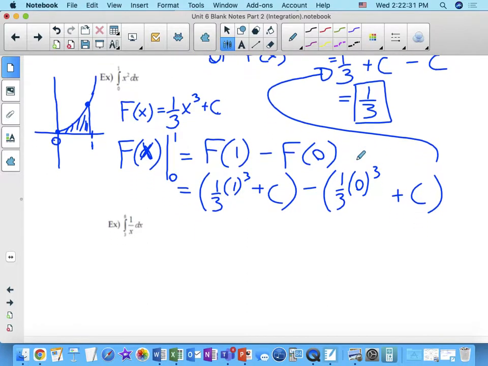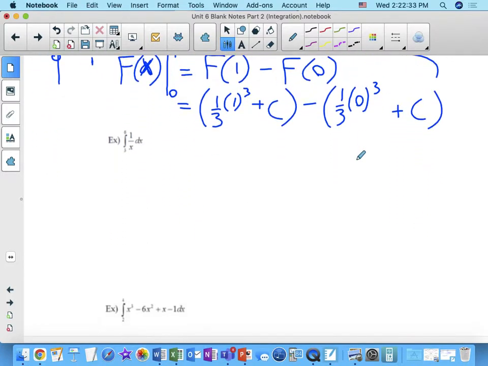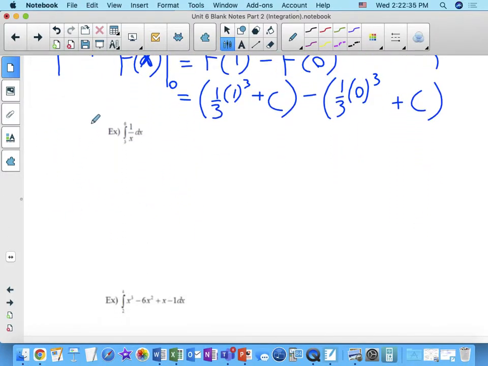Okay? All right. Here we are looking at the definite integral from 3 to 6 of 1 over x dx. So here, again, the graph of 1 over x, we kind of just looked at this, right? Here's 3, here's 6. We're looking at that. Okay?